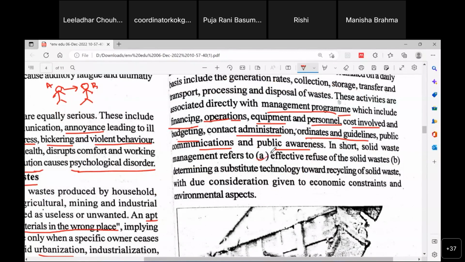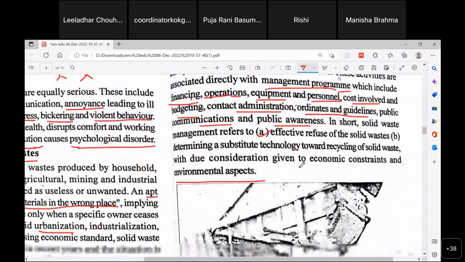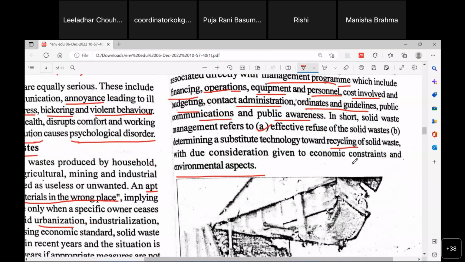These lines are coming. Effective reuse of the solid waste, determining a substitute technology towards recycling of solid waste with due consideration given to economic constraints and environmental aspects. So now recycling, yes. Whenever, say, this plastic box is there, we can recycle this plastic box to make another box. So in many cases, this recycling is feasible.